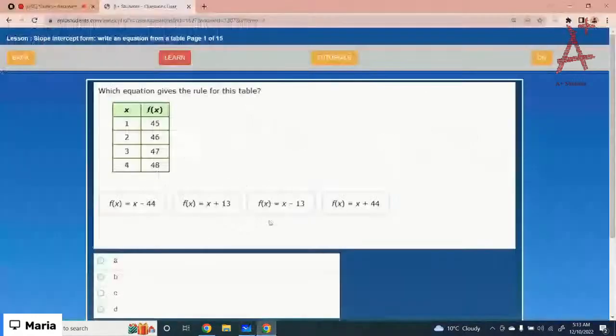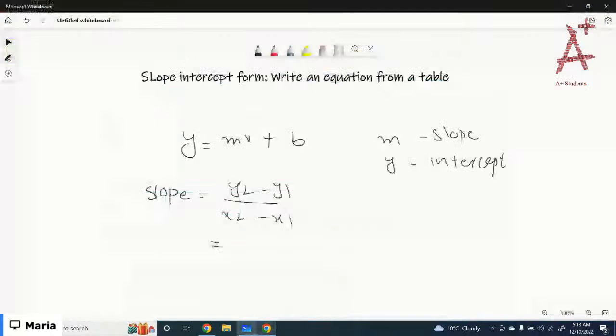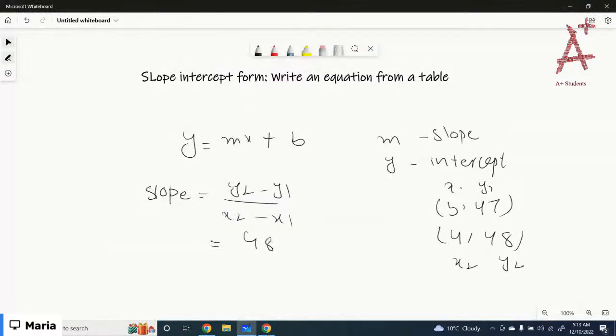Like I am using the third and fourth: (3, 47) and (4, 48). x1, y1, x2, y2. y2 minus y1, 48 minus 47 divided by 4 minus 3. 48 minus 47 is 1 over 1. That means slope is 1.